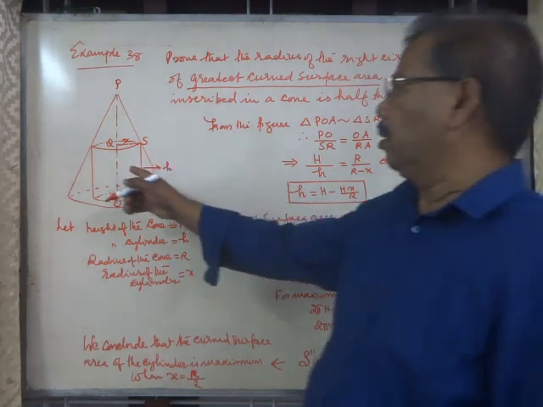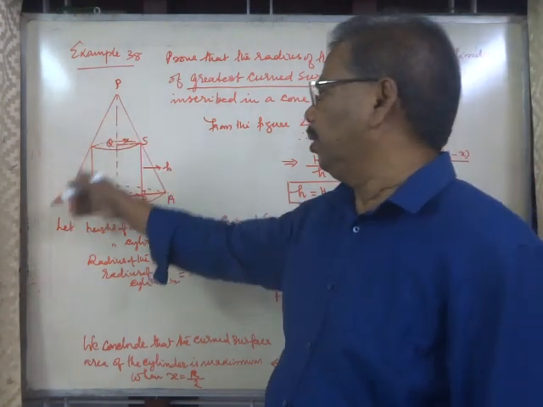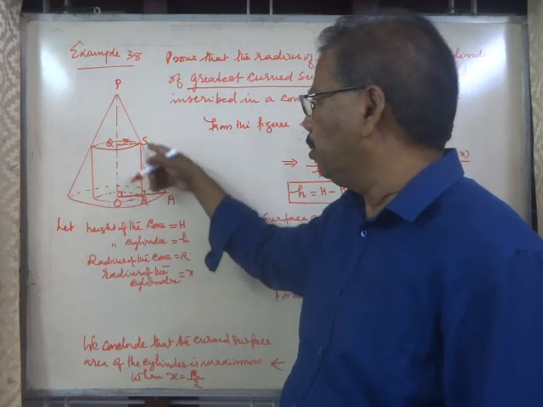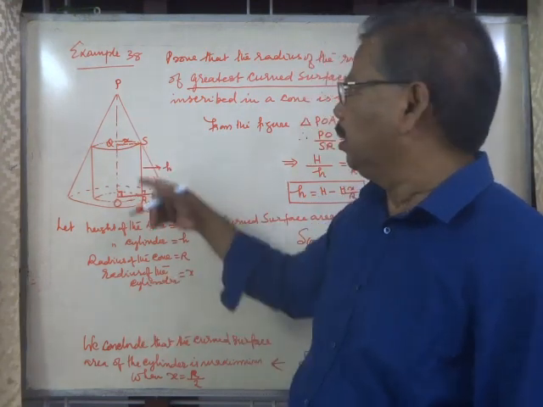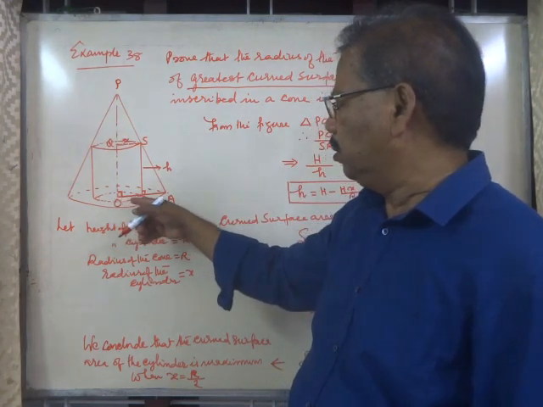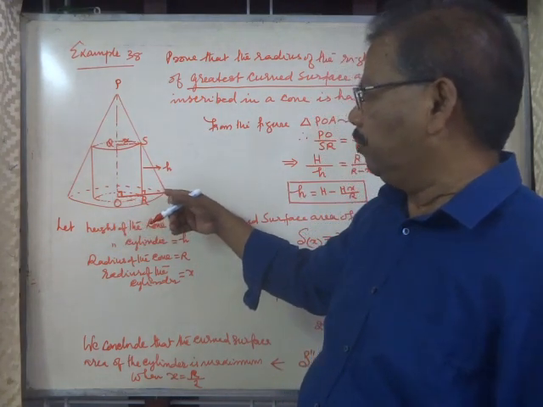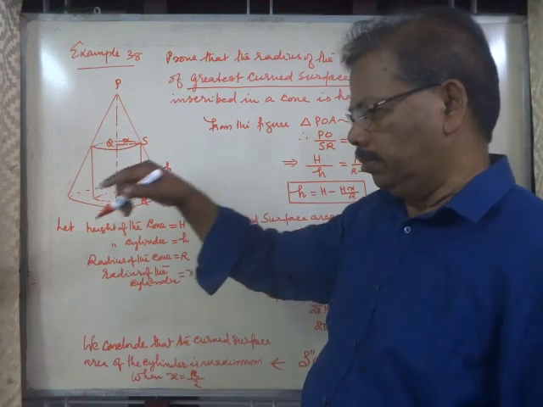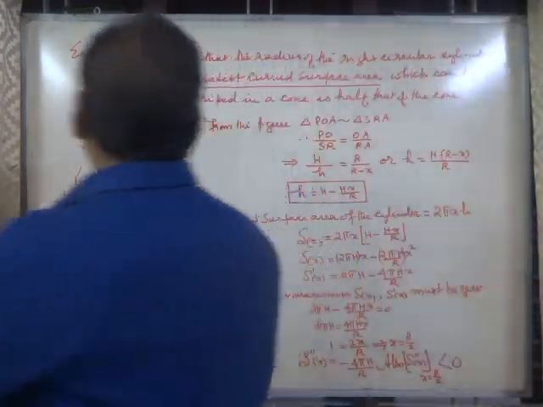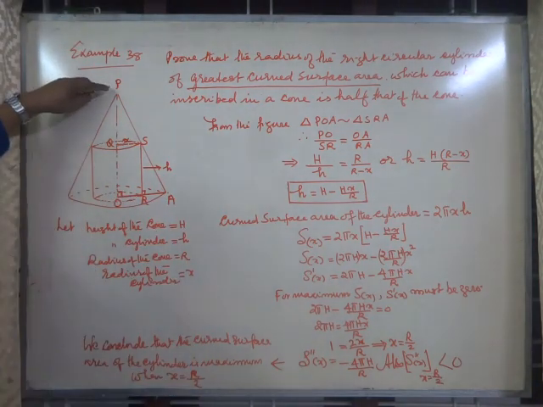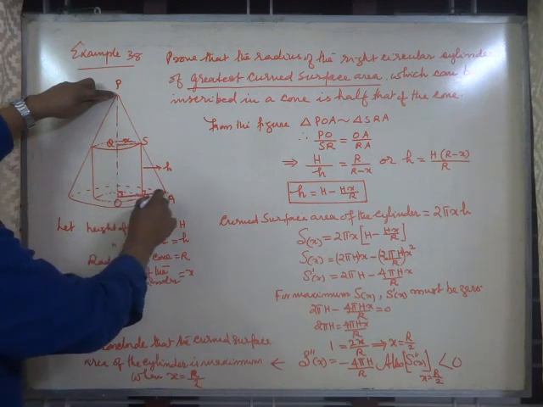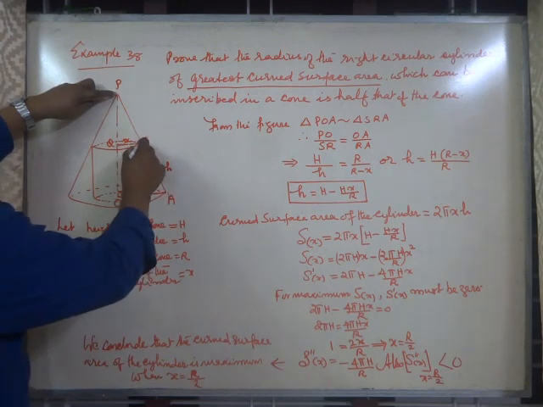I have given a diagram of the cone and the cylinder inscribed in it. The naming of the figure is something different from what is given in the text. Here I have taken two right triangles, POA and SRA.